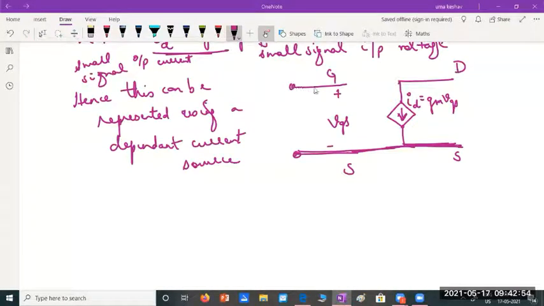So see here in the model, that's why between the gate and source terminal I am not including anything, which means the resistance here is infinity. Resistance is infinity at the input.